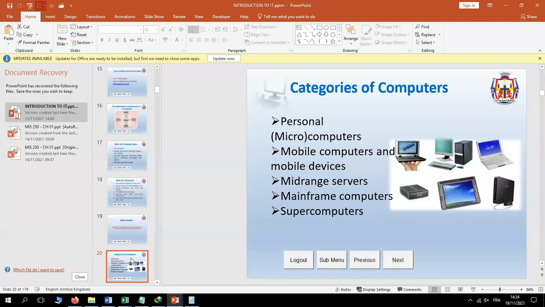Davis is absent. Let me go to Chigundu Nasa. I think we have a laptop as one of the personal computers. Very good, we have a laptop. Yes, Chigundu? We have smartphones. We have smartphones, thank you very much.